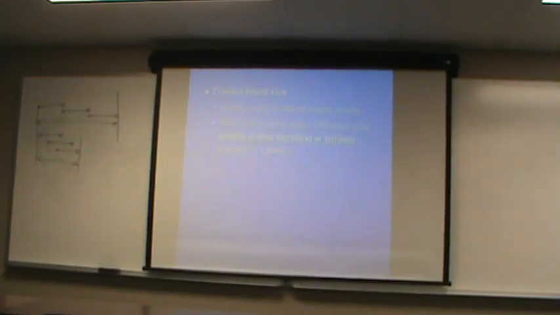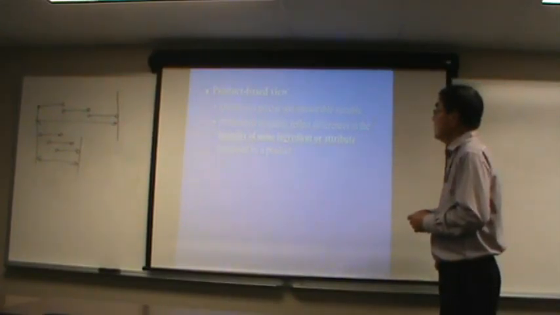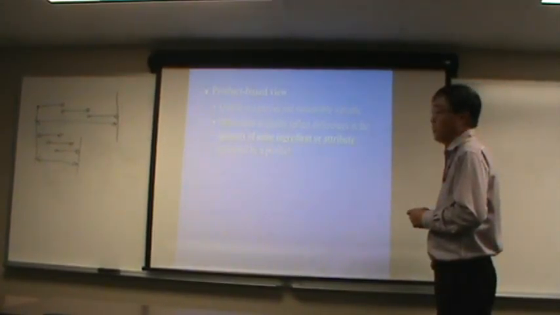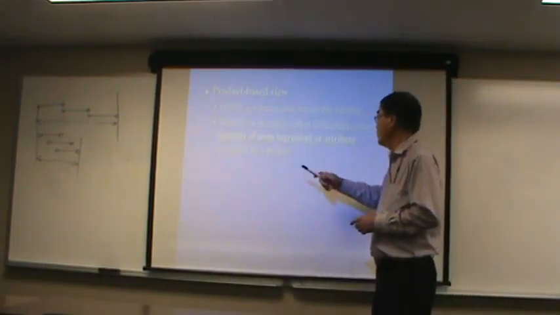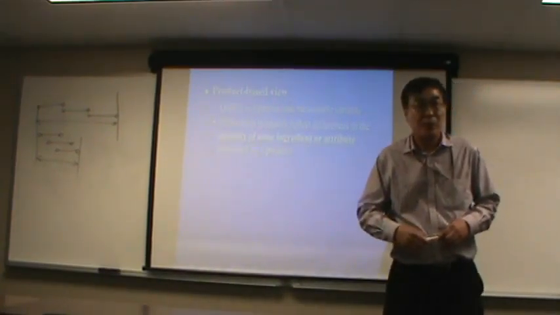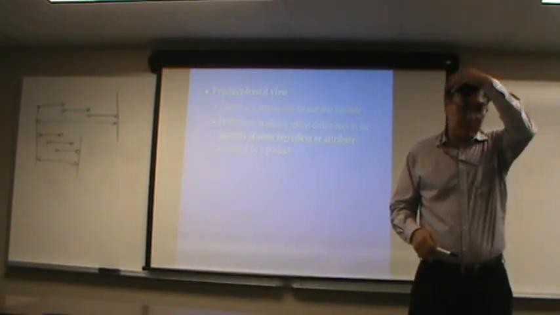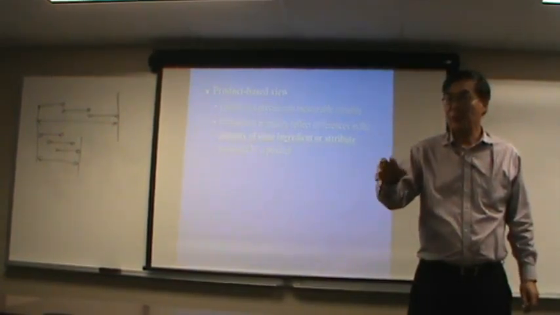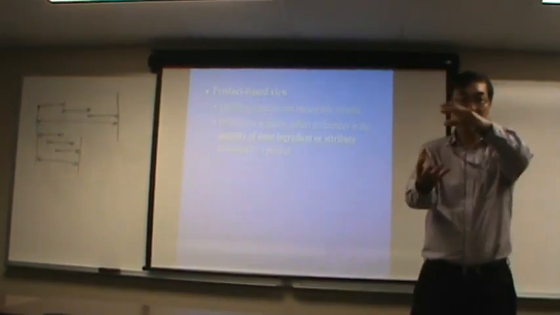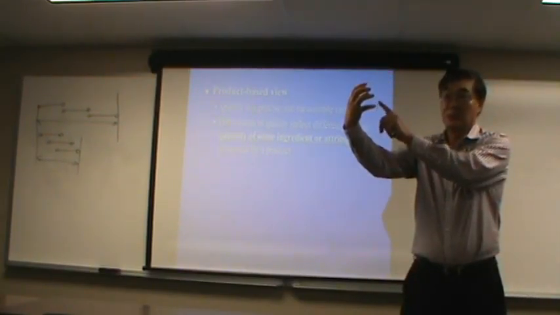Product-based view. Quality is a precise and measurable value because we know the quantity of some ingredient or attribute. When you buy something like a can of soup, then the size, right?